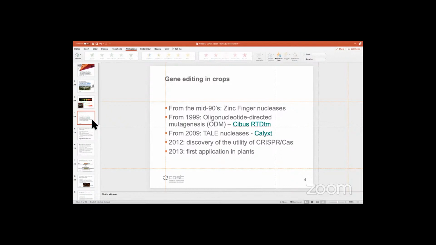In 2009, TAL nucleases were introduced, and the company Calyxt is commercializing products from that. So actually, the two products that are now on the market that are gene edited are using these technologies. In 2012, as you well know, CRISPR-Cas was discovered, and in 2013, this was first applied in plants.